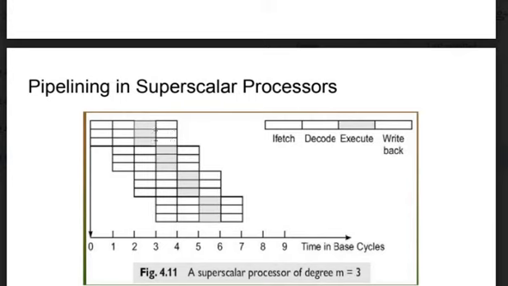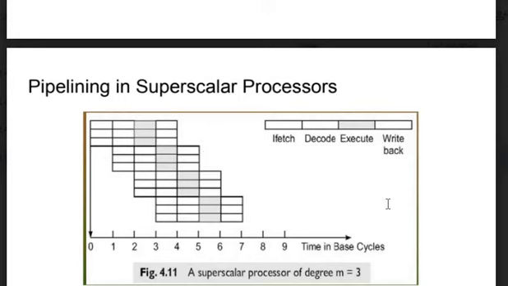If we have a single processor which has a degree of execution as 1, that means m as 1, what can we expect? Fetch, decode, execute, write back. Below it, the next instruction: fetch, decode, execute, write back, with each shifted towards the right.